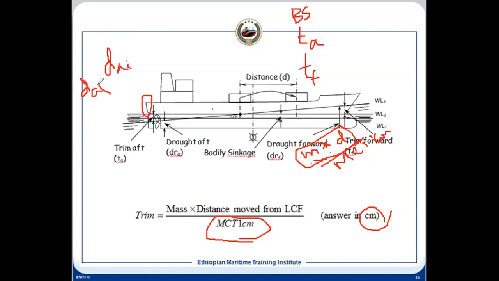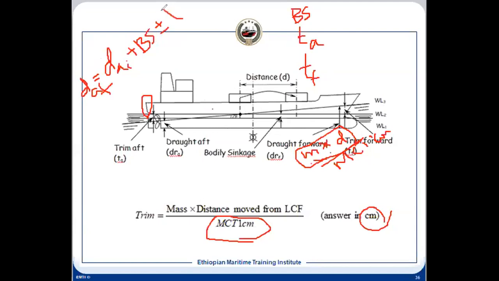This is the bodily sinkage we will be adding here, and the TA will depend on where the LCF is and where the mass is shifted. So we know that it can be plus, it can be minus.